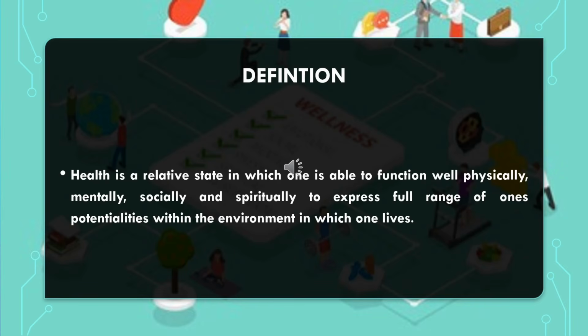For example, if we take a student, usually his environment is a classroom, teacher, friends, as well as his books and subjects. This is the environment he lives in. So, exhibiting his full potential to reach his aim or goal while keeping his physical, mental, social, and spiritual well-being is called health.